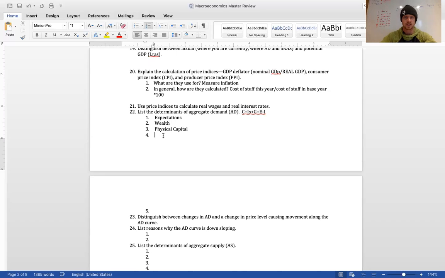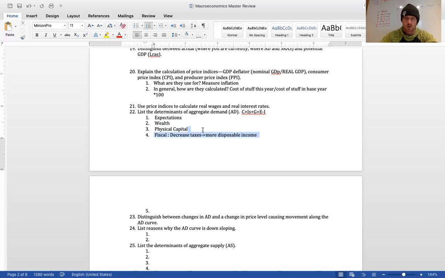Fourth, fiscal policy. We'll dive into this much more, but fiscal policy directly ties to government spending. If the government spends more, GDP or aggregate demand goes up. If they spend less, aggregate demand goes down. The other one with fiscal policy is decreasing taxes. If you decrease taxes, you give people more disposable income.